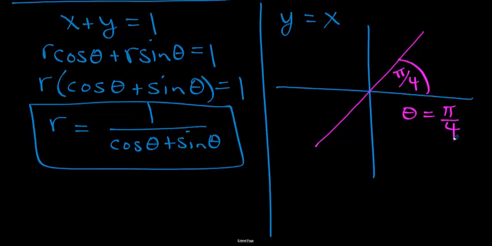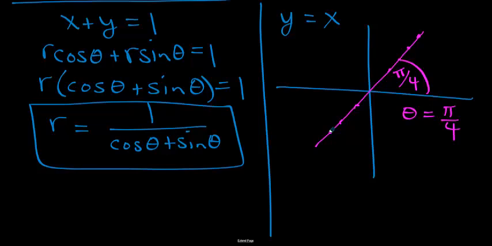And that says, no matter what r is, theta is always pi over 4. So no matter what point you have out here, theta is always pi over 4. So this right here, theta equals pi over 4 and y equals x, that's that line.